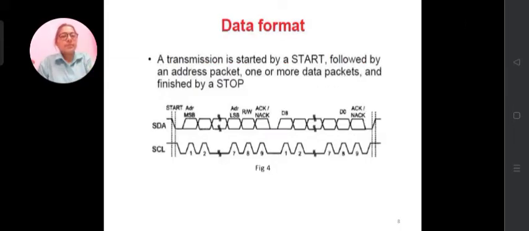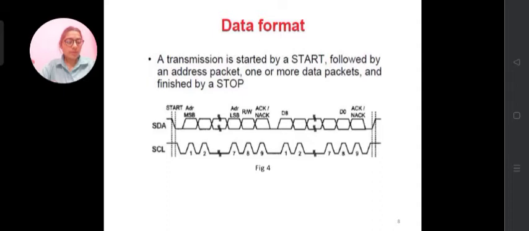Data format. A transmission is started by a start condition followed by an address packet, one or more data packets, and finished by a stop bit. After the master detects the acknowledgement bit from the slave, the first data frame is ready to be sent. The data frame is always 8 bits long and sent with the most significant bit first.